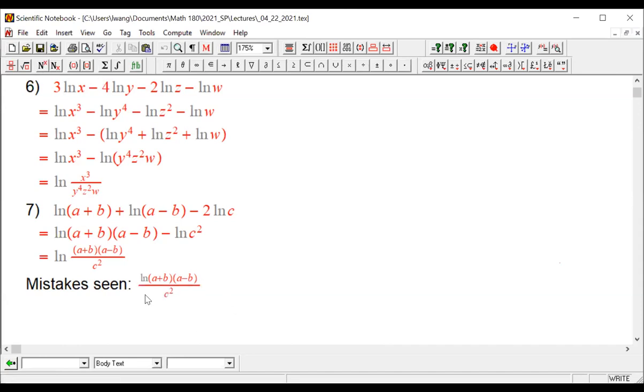Do you see the mistake? All of these need to be together before ln applies, and this one separated. That's mistake number one. Another mistake I saw in the past.